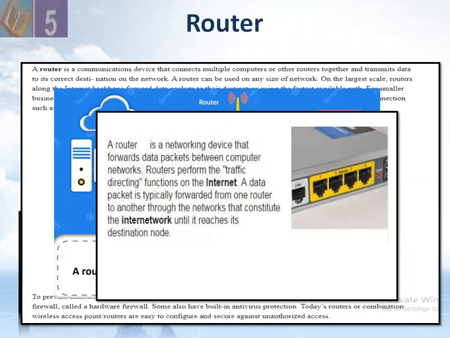A data packet is typically forwarded from one router to another through the networks that constitute the internetwork until it reaches its destination node. So router word basically derive from the word route. So the basic purpose of the router is to choose the best path on a network. So router basically is a device that forward data packets and choose the best route for data communication.